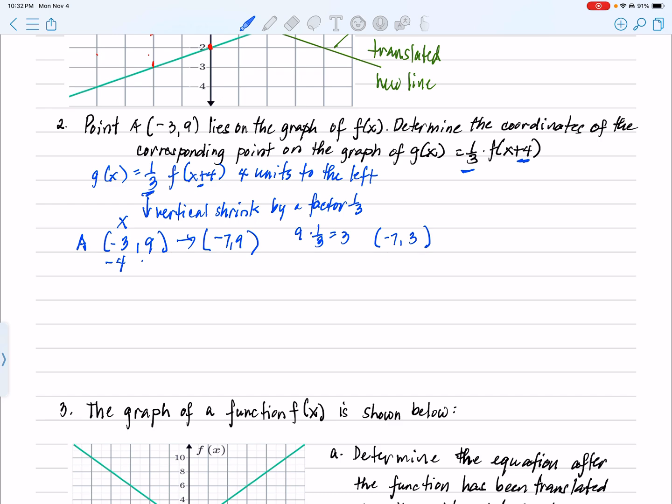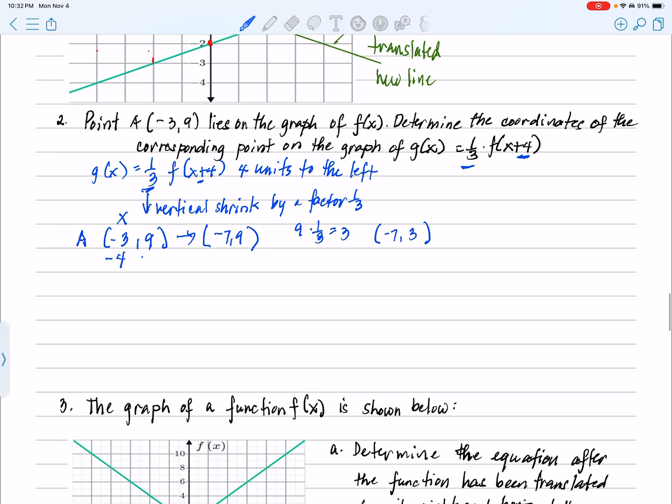Okay? So we can also think of the transformation algebraically. So how do we do that? The only point we know on the graph of f is point A, which is -3, 9. So if we have a function of -3, which equals 9, then we can rewrite this to the correct form of g of x.